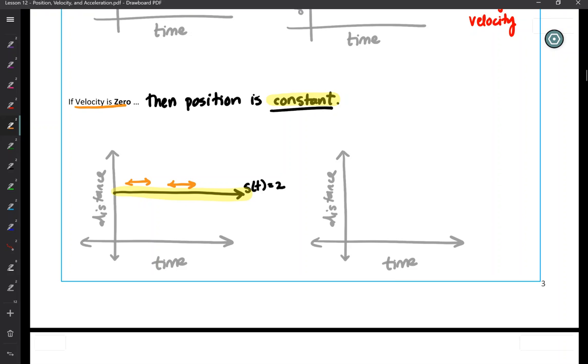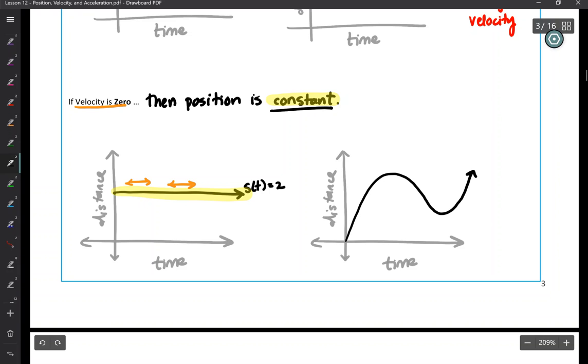So maybe your position function is constant all the time, or maybe it's just constant at brief moments in time. You know, maybe we're increasing and then decreasing and then increasing again, right at these brief moments the slope of the tangent line is 0.